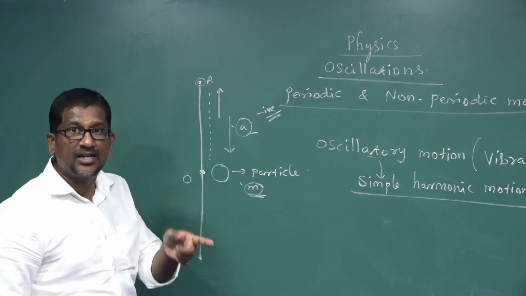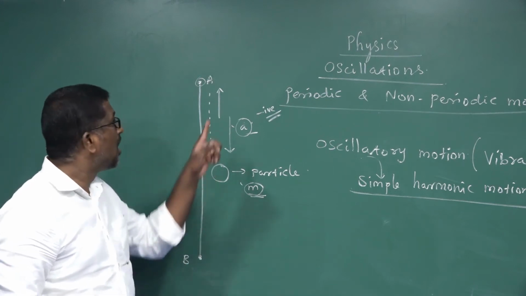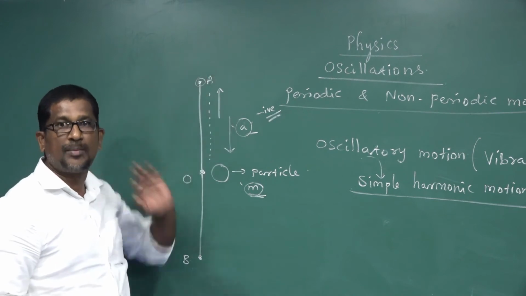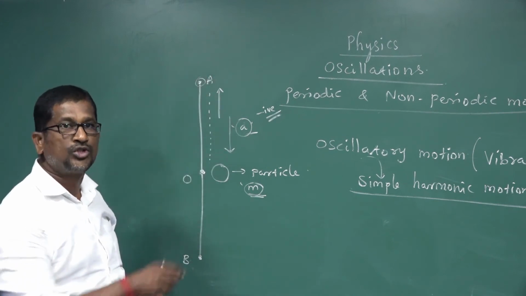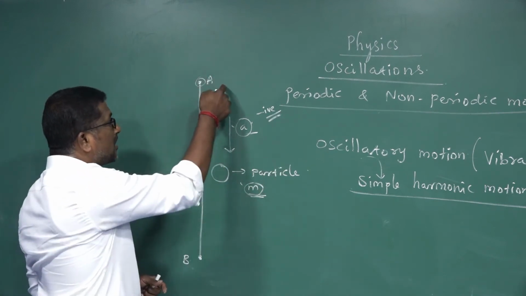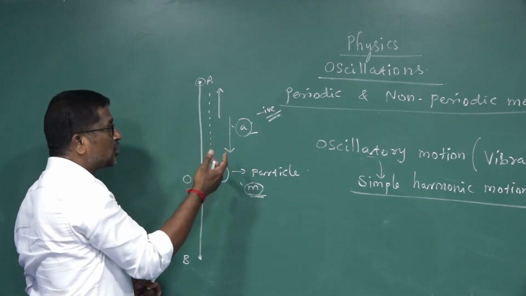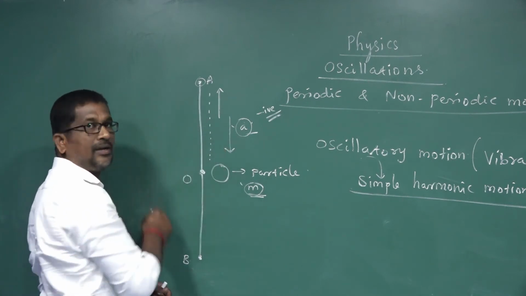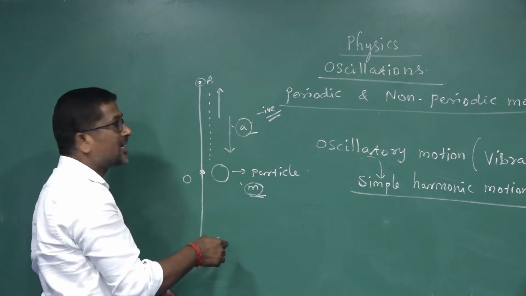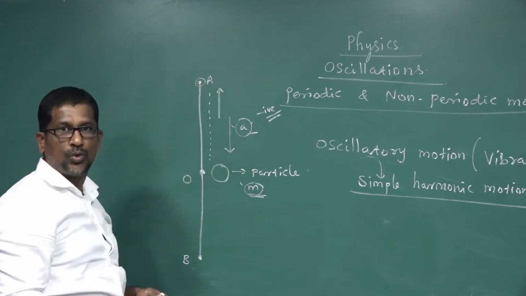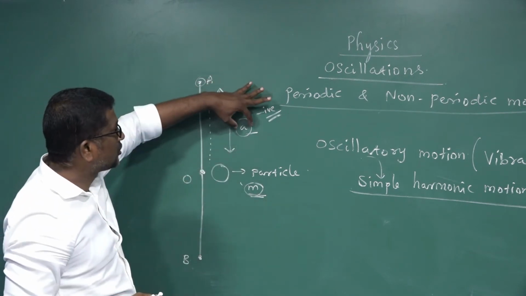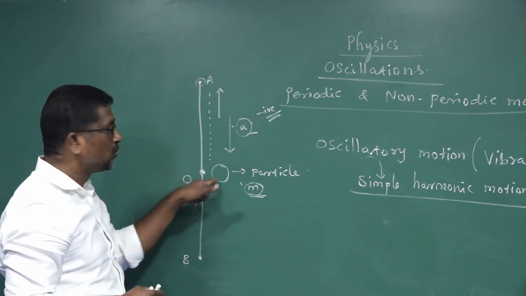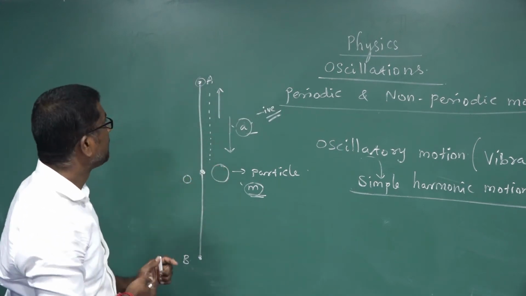The negative acceleration direction is always opposite to the direction of motion of the particle. Here the direction of motion is from O to A, and the acceleration is from A to O, towards the point O.